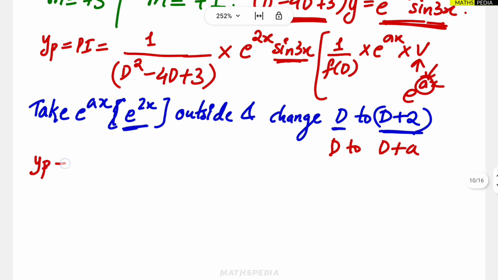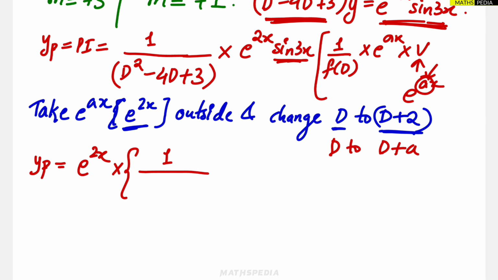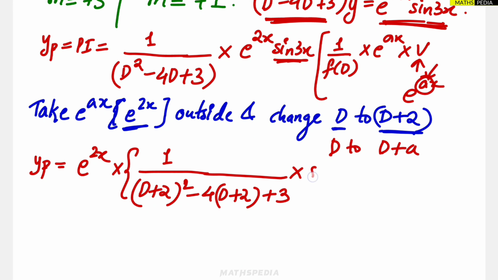Now we can change it. So yp value will become, now bring this e power 2x outside, into 1 divided by D square will change into D plus 2 the whole square minus 4 into D plus 2 plus 3 into sine 3x.